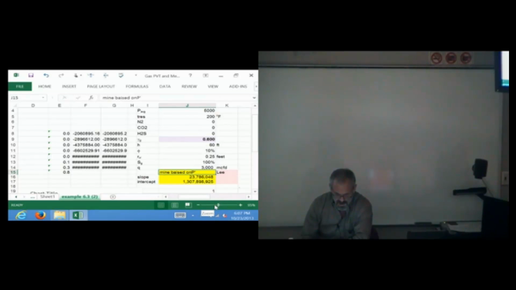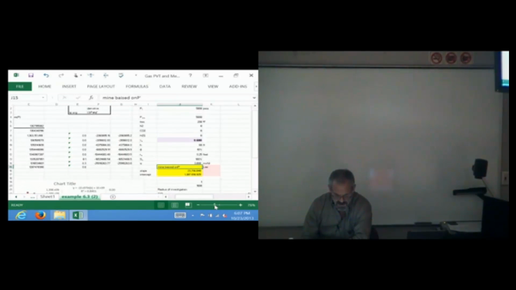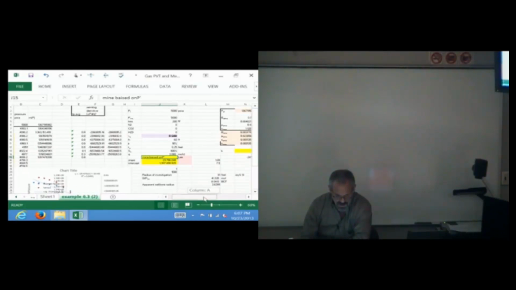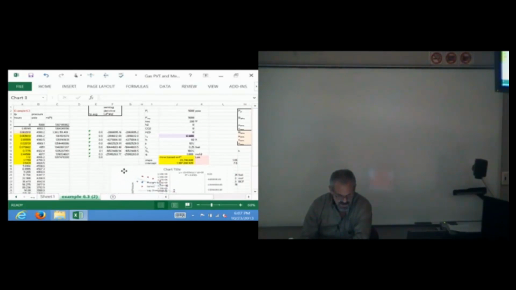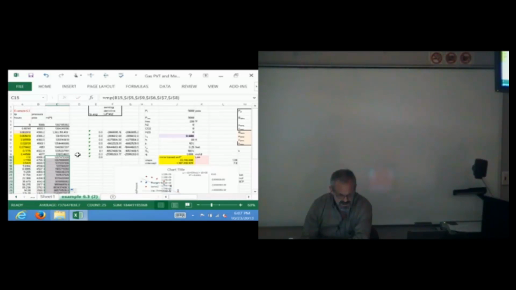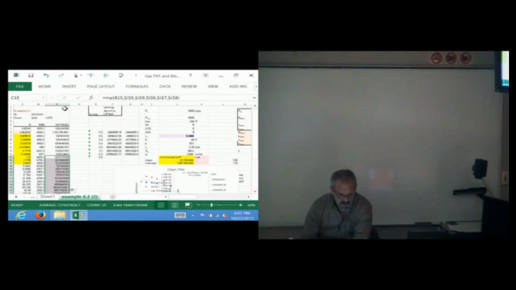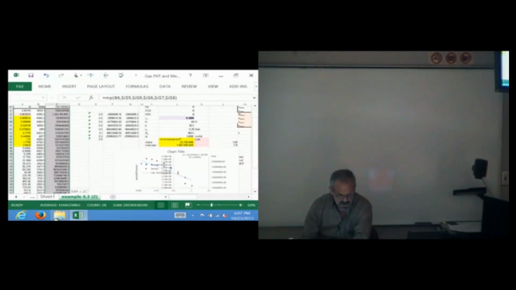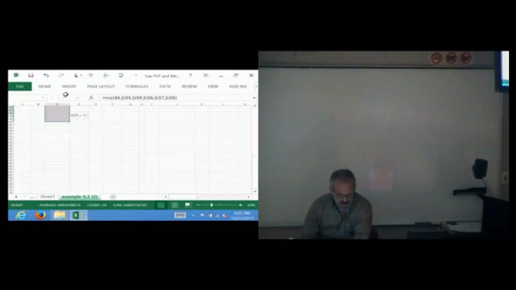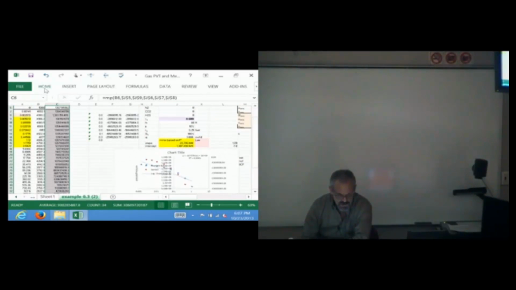Now I'm going to zoom out a little bit and see what I've got over here. So I got time, I got pressure, and I have pseudo pressure. See how I copied that down? I don't like it to look curvy like that, so I'm going to get them all to be the same.